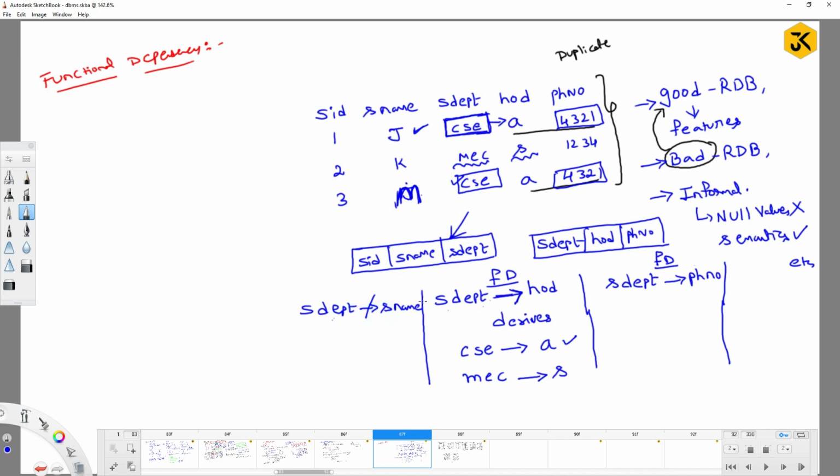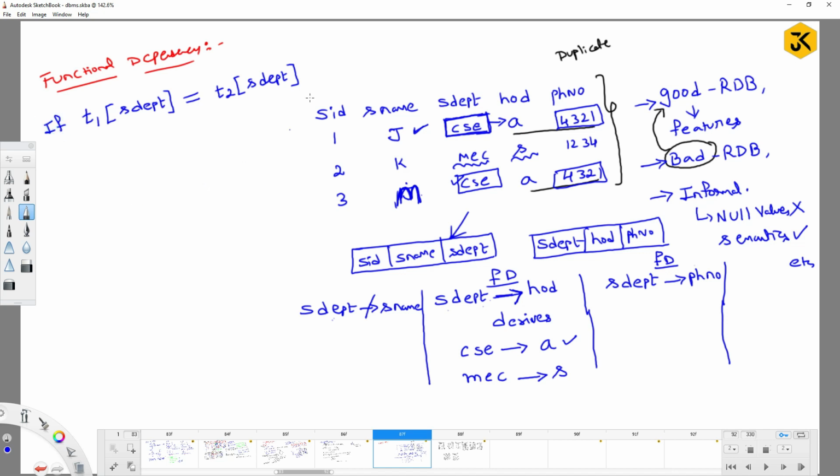Right? If you would like to see it in terms of technical definition, if I am going to take the tuple T1 of an attribute S department, and trying to take the tuple T2 of the S department, if these two are same, I am trying to say if condition.